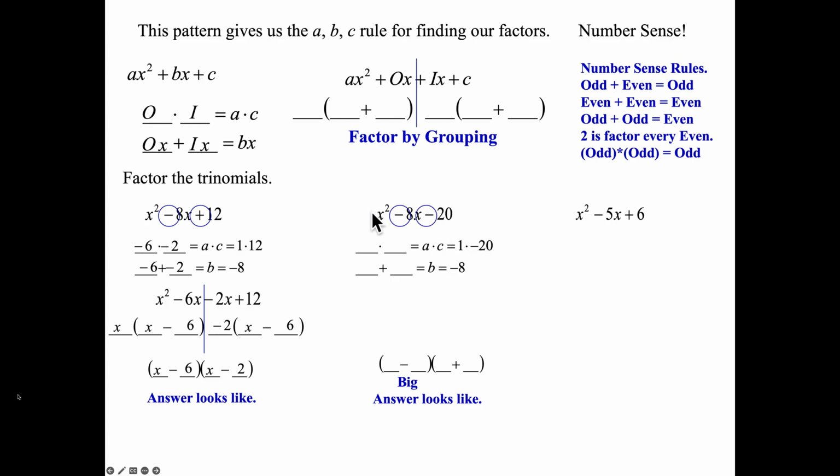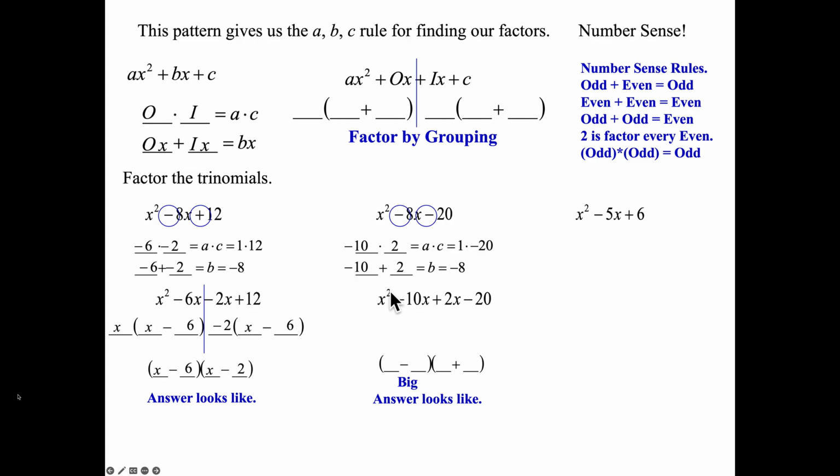So when there's a 1 in front, I like to read it backwards. What two numbers multiply to be 20 and subtract to be an 8? Because I'm subtracting, I need a number bigger than 8 and less than 8. So 5 and 4 are not going to cut it. I'm going to have to go with 10 and 2. And because the 8's the minus sign, the 10 being the bigger factor is going to be the minus sign.